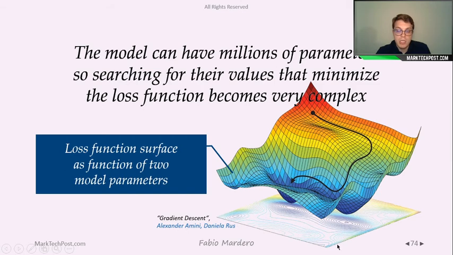So imagine this, or maybe we cannot imagine because we are human, this is a 3D space with two parameters. Imagine what would be a space with millions of parameters. That's the context in which empirical risk minimization theory should work.